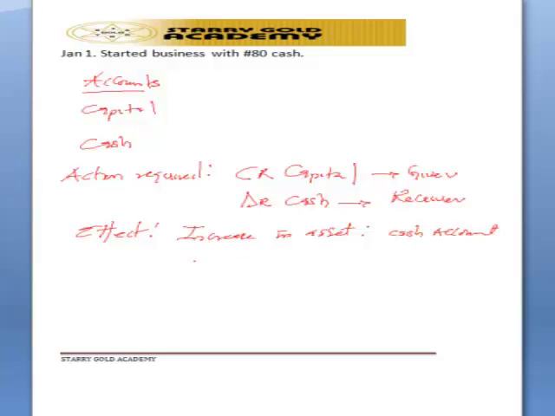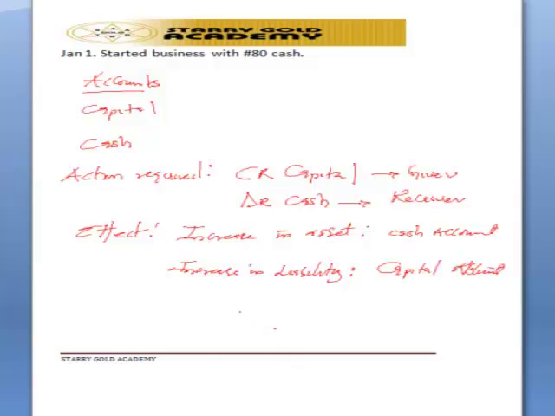And a credit entry in capital, which is a liability, means there is an increase in liability, and that liability here is the capital account. So that is the action to be taken and the effect of this transaction.